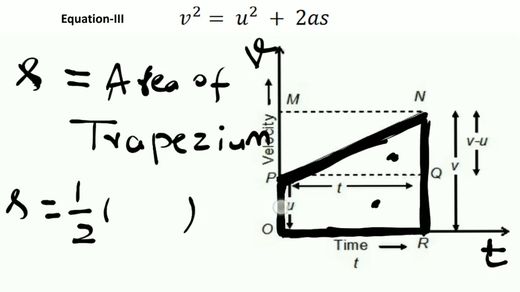This side has the measure u plus this side has the measure v. So the sum of parallel sides becomes u plus v into height. Height means the distance between these two parallel sides.